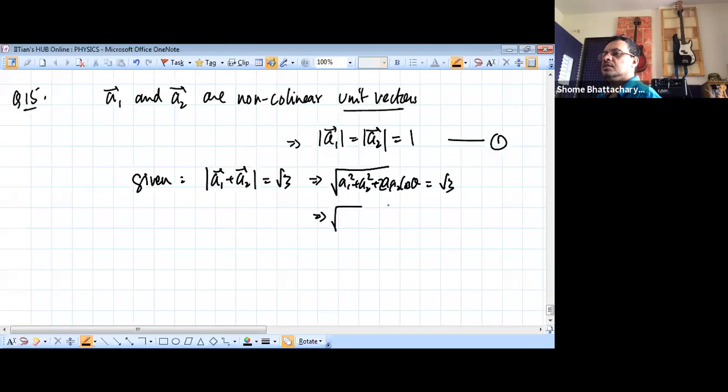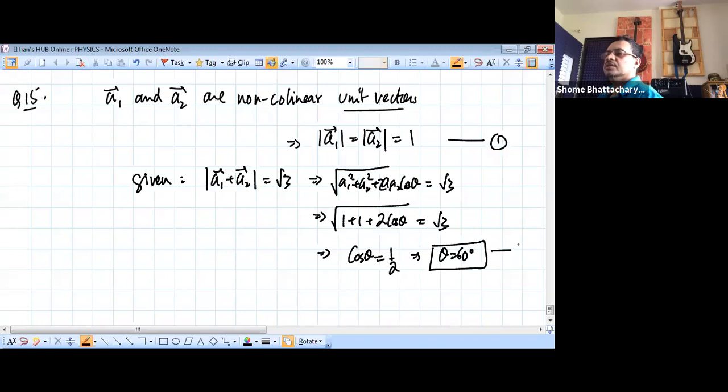So substitute again the magnitudes of E1 and E2. So 1 plus 1 plus 2 cos theta is root 3. So again we will get that cos theta is equal to half, or theta is equal to 60 degrees.